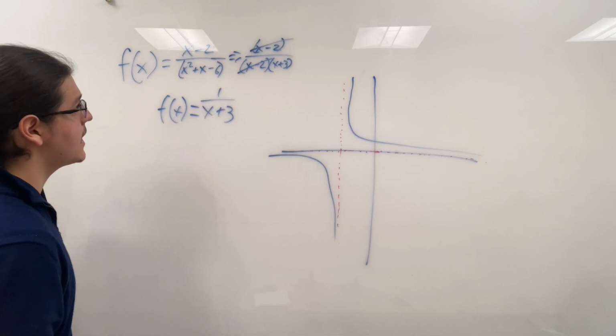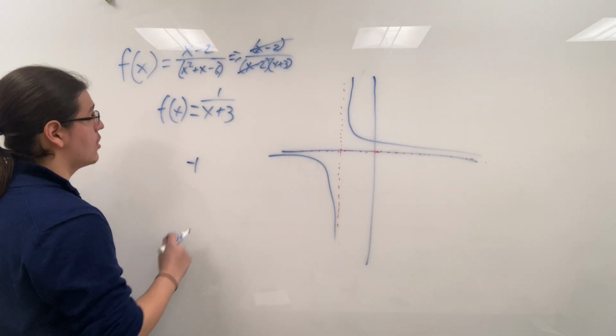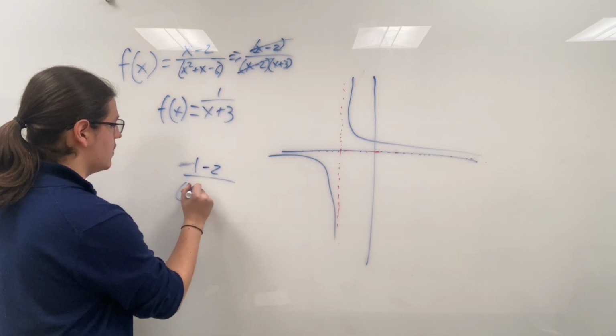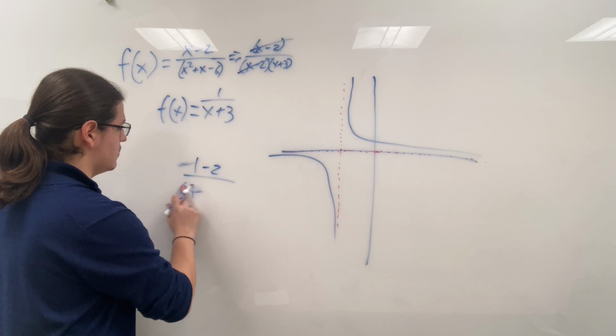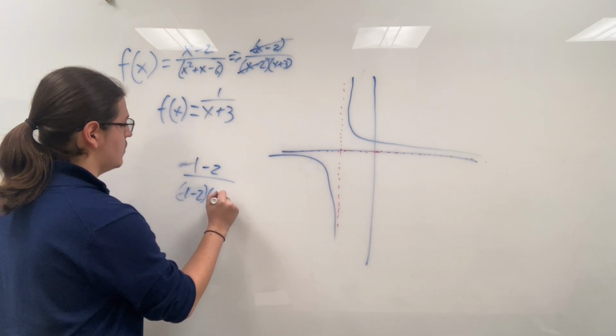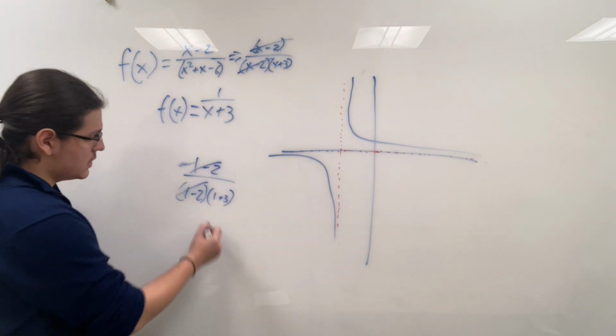So if we put in 1, just 1 minus 2 over 1 minus 2 times 1 plus 3, these are going to cancel out anyway, so it's going to get us 1 over 4.